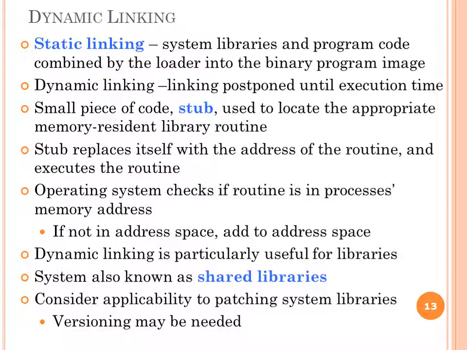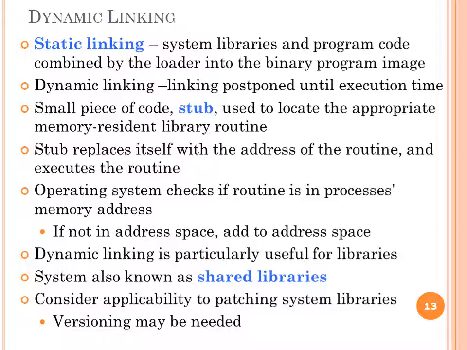Static linking: the system libraries and code combined by the loader into the binary program image is called static linking, whereas dynamic linking is postponed until execution time. Here, a stub is included in the image for each library function.